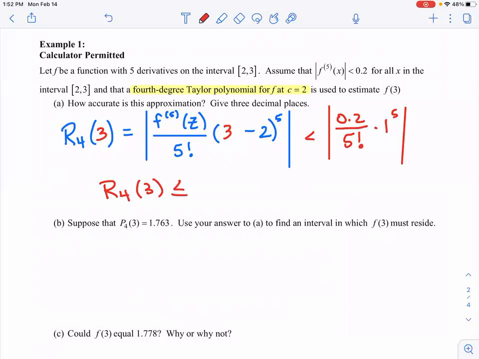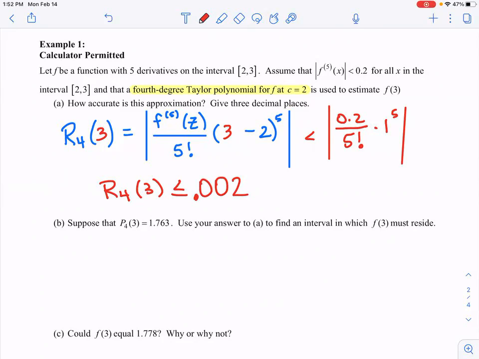You can use a calculator. Just help me out. .00167. Okay.